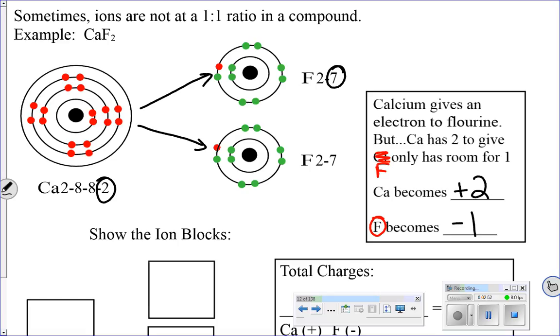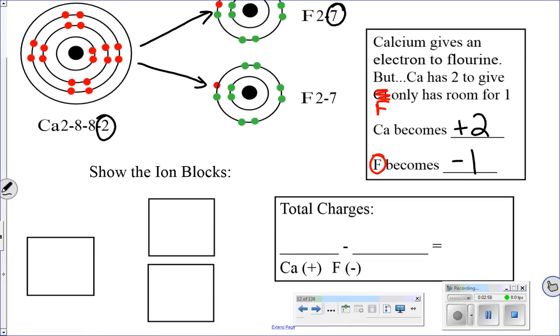When we talk about charge, we always talk about it for the individual species, not both of them combined. Our charge should still be neutral. We have +2 coming from calcium and -1s coming from each of the fluorines. And 2 minus our 2 negatives together is 0. So this does come out to be a nice neutral charge.